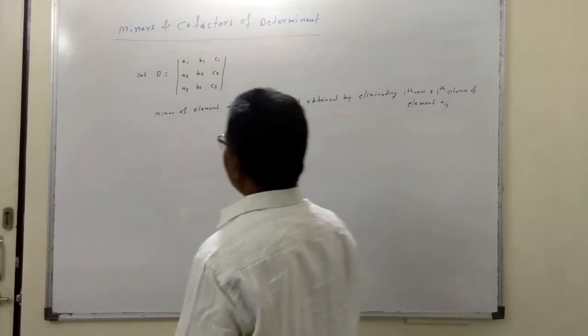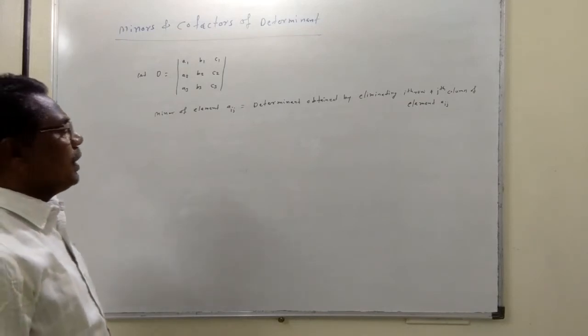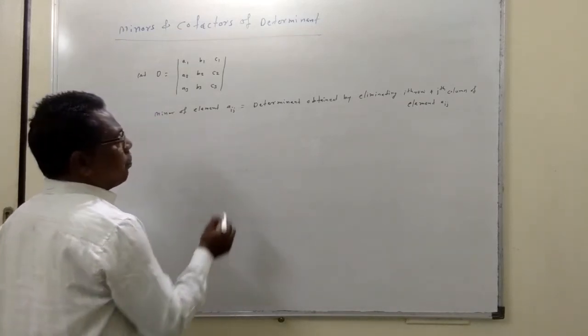So when we find the minor of element Aij, we eliminate the ith row and jth column of Aij.